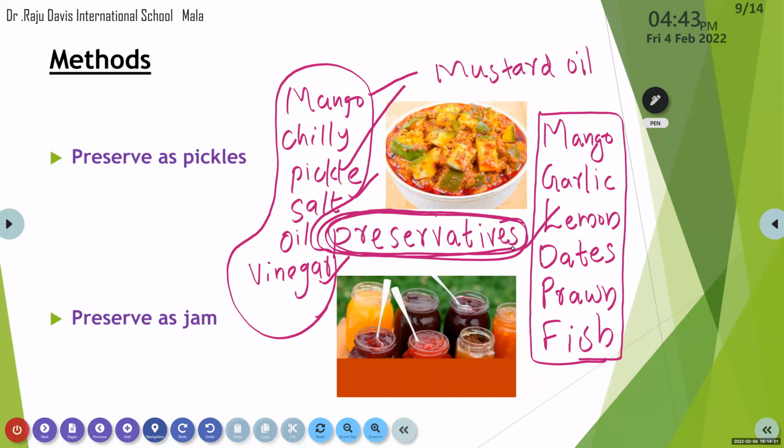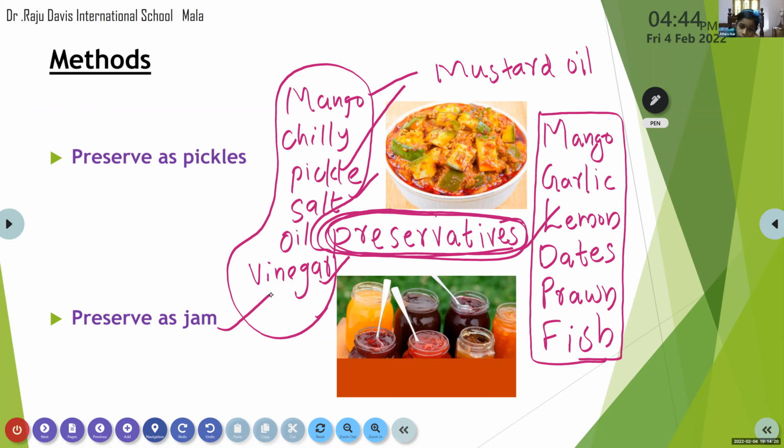Okay. Then when we consider these jams, we preserve the food as jams. Which are the different types of jams? Pineapple jam, strawberry jam, mixed fruit jam.